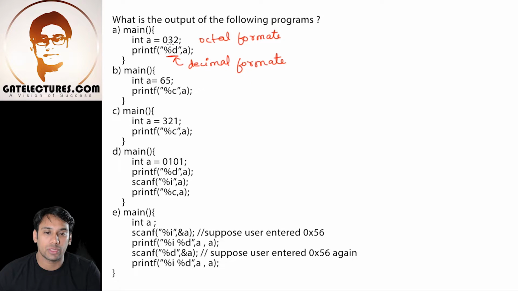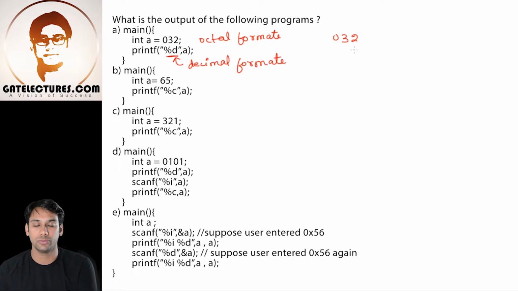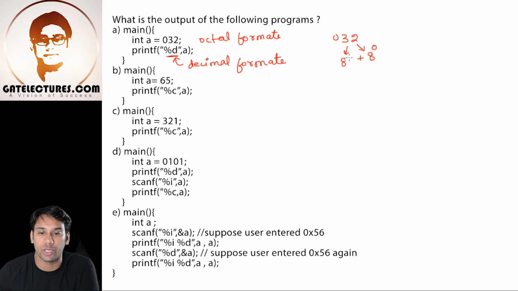So the number is 032, and if you convert 032 from octal to decimal, then you can find out the output of this program. The first digit is 2. To convert it, you multiply this 2 with 8 raised to power 0, plus this 3 with 8 raised to power 1, plus this 0 with 8 raised to power 2, but that doesn't matter here.